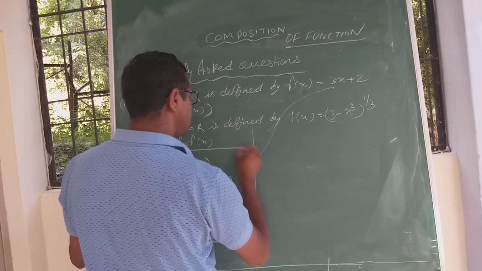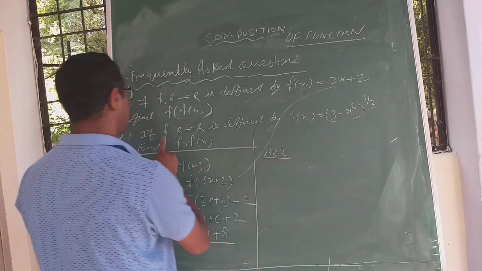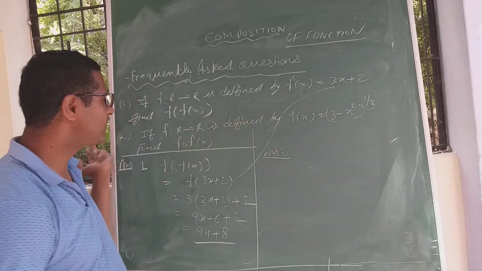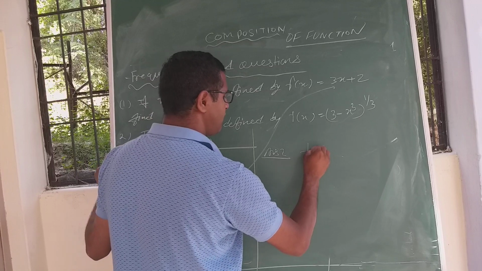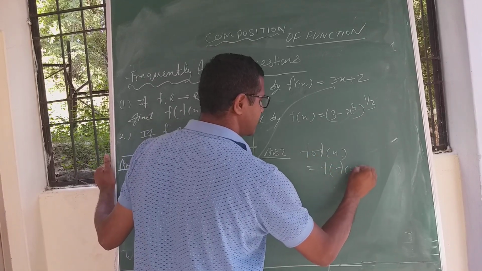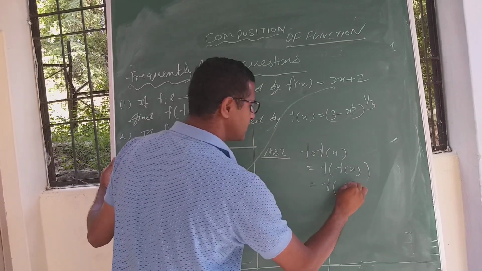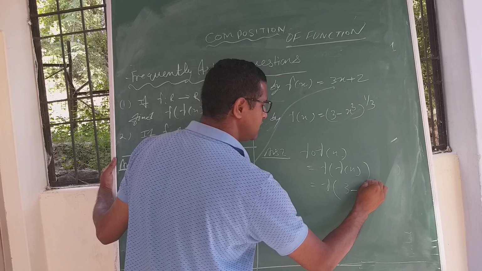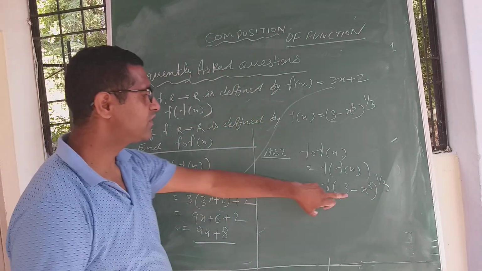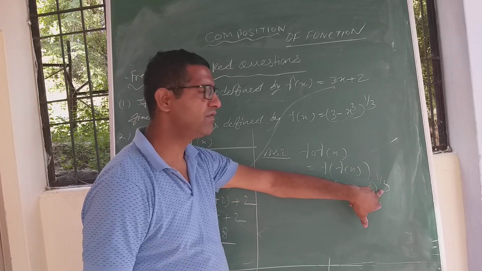Let us see answer number two. f from R to R is defined by f(x) = (3 − x³)^(1/3), and you have to find f of f(x). What is f(x)? It is (3 − x³)^(1/3). Now you have to find f of (3 − x³)^(1/3).